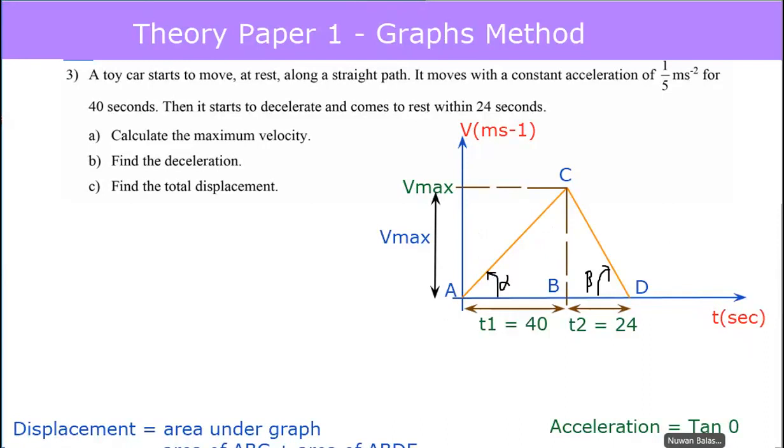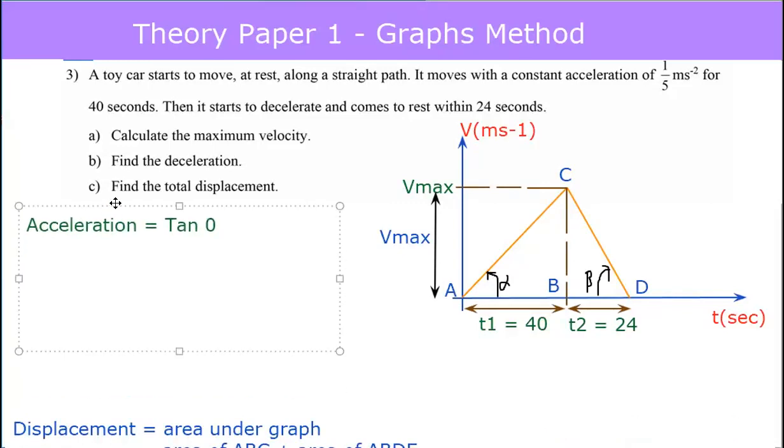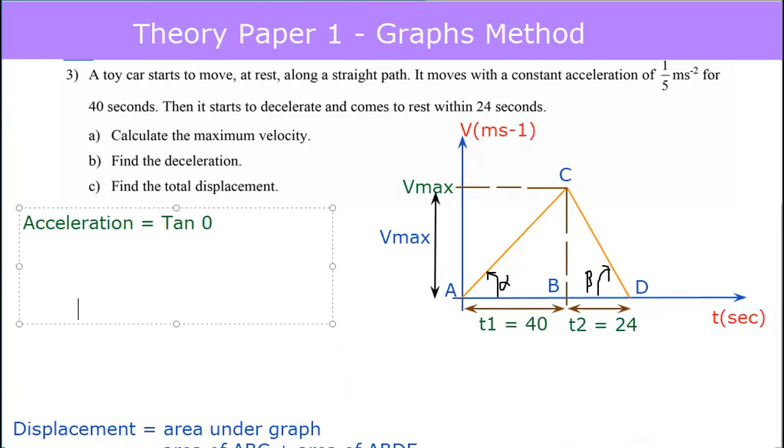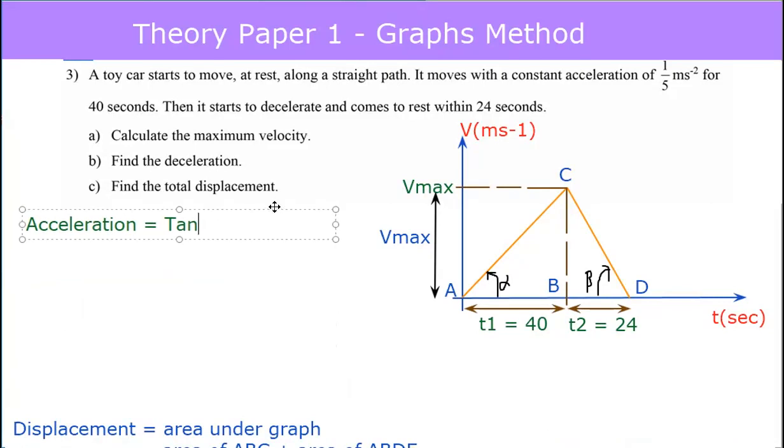Right. So now we can find, they have given us the acceleration. So what's the equation that can be used to find acceleration there? Acceleration is the tan value. Here it is not tan theta, the angle is not theta, so it should be tan alpha. Write it here: acceleration equals tan alpha.